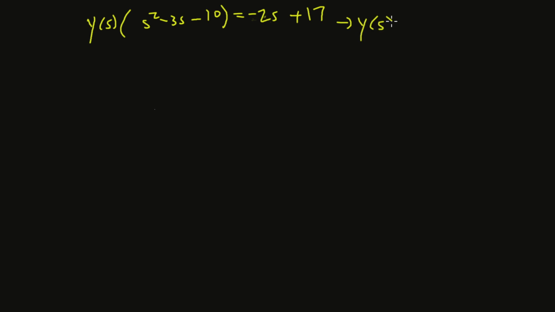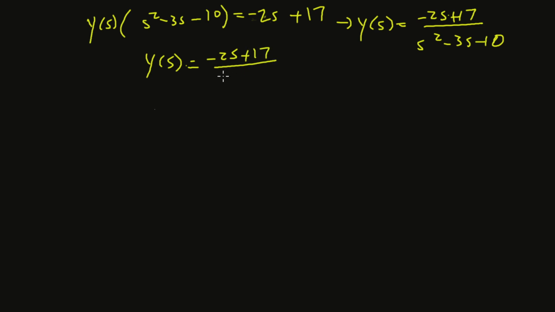Alright, so Y of s is negative 2s plus 17 over s squared minus 3s minus 10, which factors to negative 2s plus 17 over s minus 5 and s plus 2.